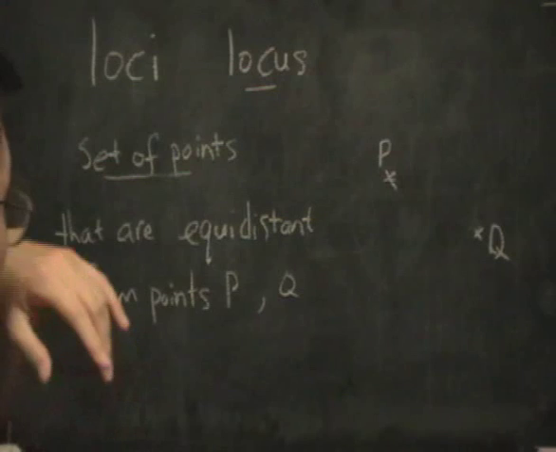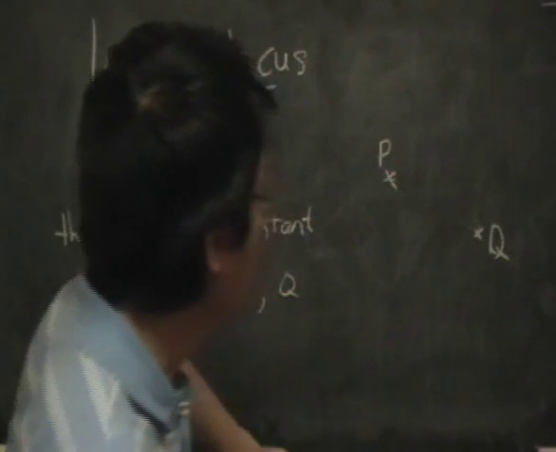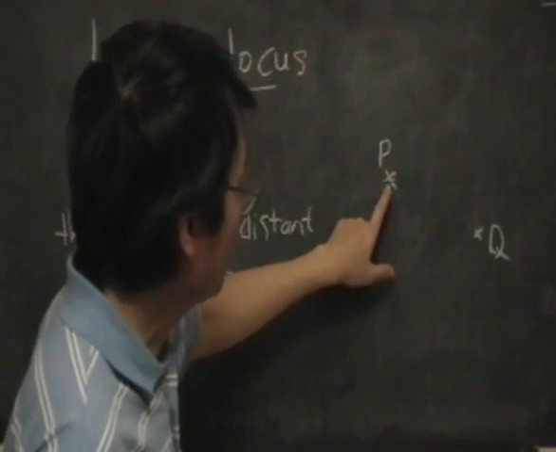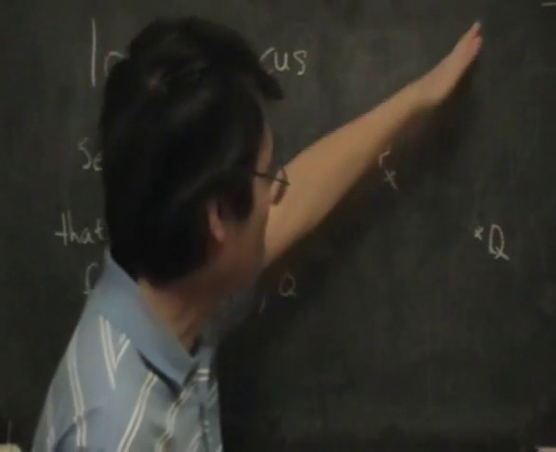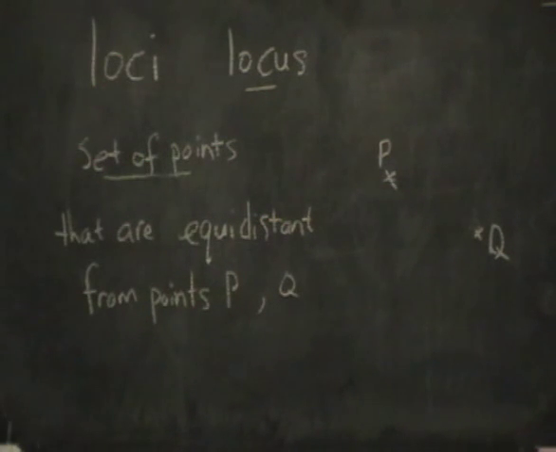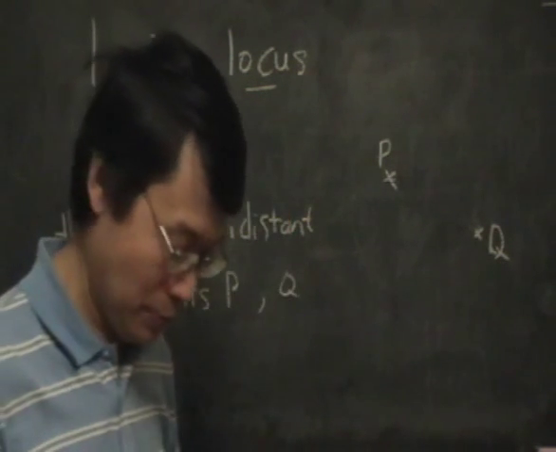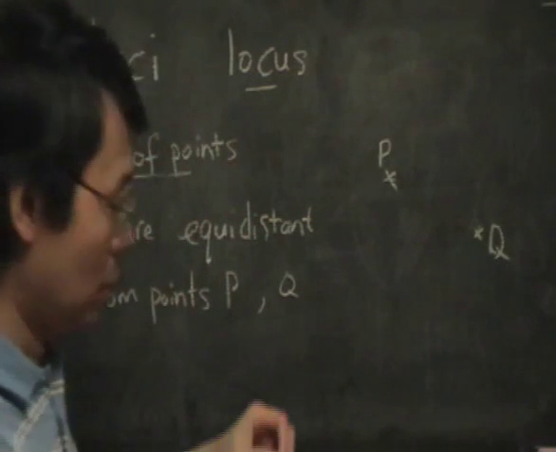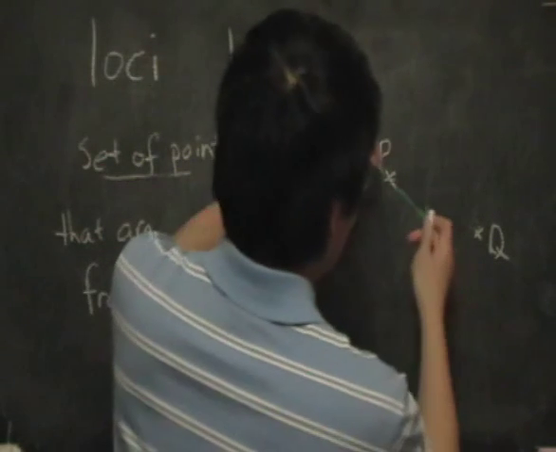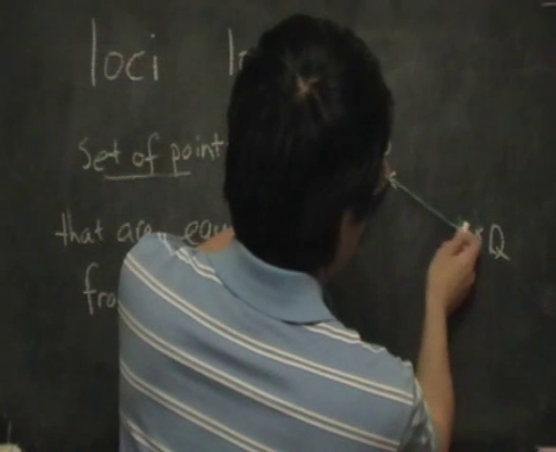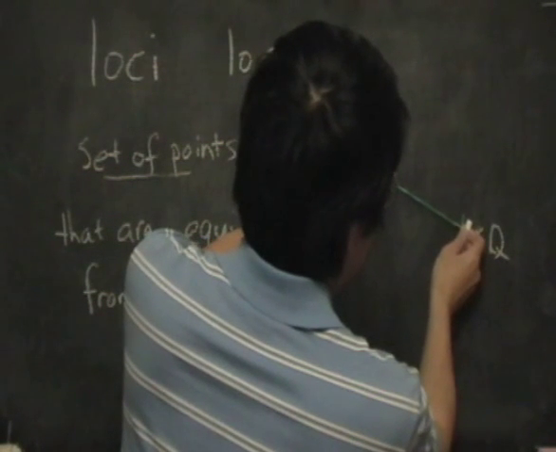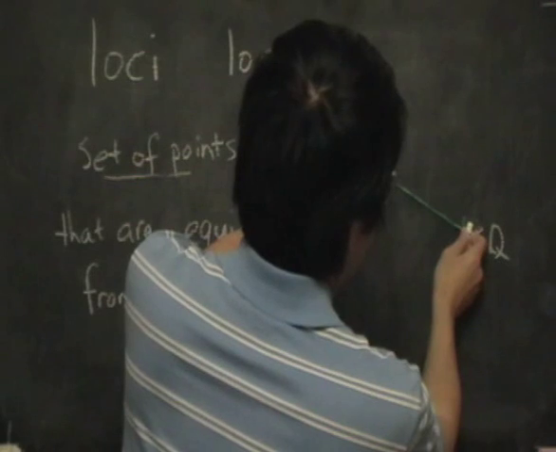Right. So clean off all the rough working. Now to construct the perpendicular bisector that goes through PQ, use a compass. Now I'm going to adjust the distance of my compass until it's maybe roughly close to PQ.